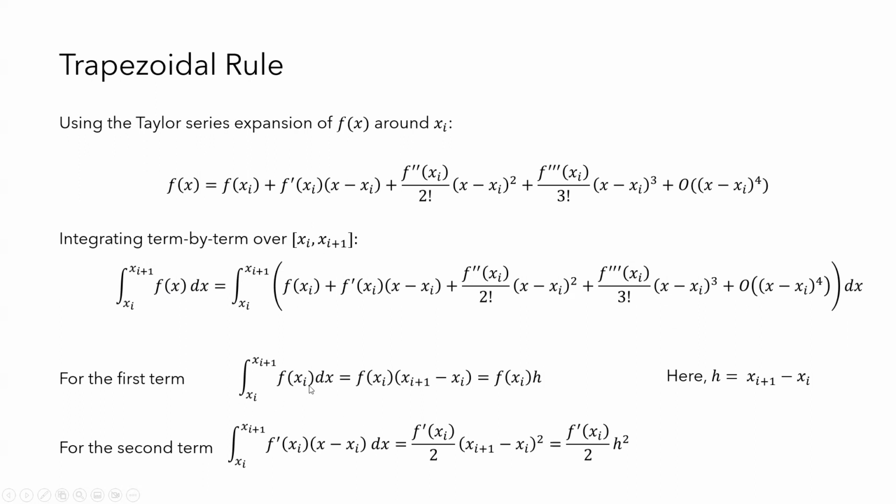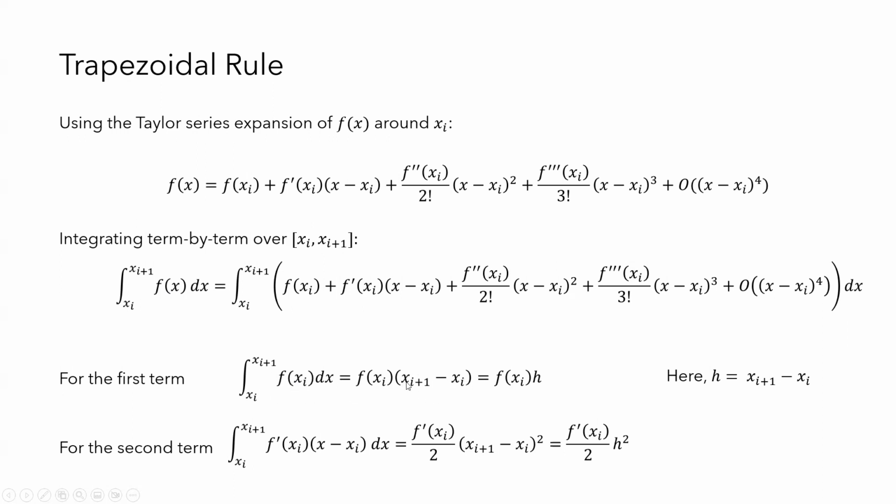So if I integrate the first term, I'm getting f of xi times xi plus 1 minus xi. You know that this is a constant, because when we substitute x with xi we get some constant value. So we are integrating a constant over here.